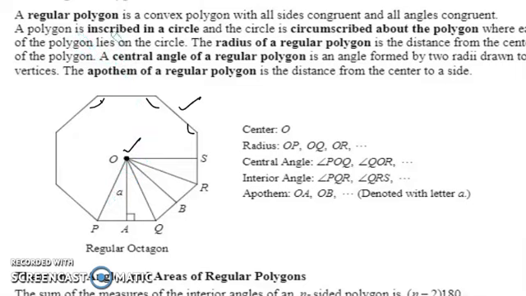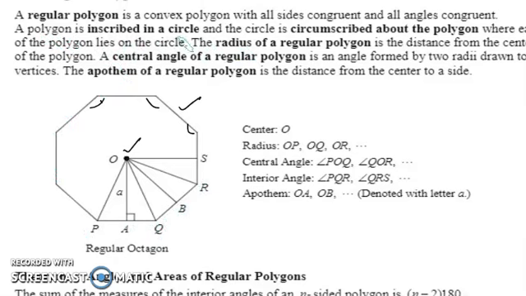A polygon is inscribed in a circle with this point as center, and let us consider OP as radius. If you draw a circle, all these points will lie on the circumference of the circle. That is what is mentioned here.